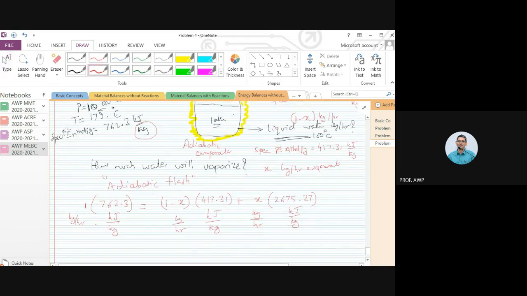Right? Adiabatic. Whatever enthalpy comes in must be equal to whatever enthalpy goes out, because no enthalpy is added, no enthalpy is lost to the surroundings. So can you find x?